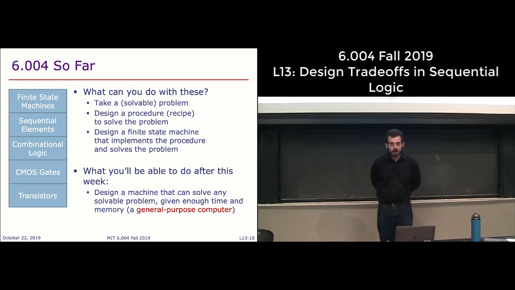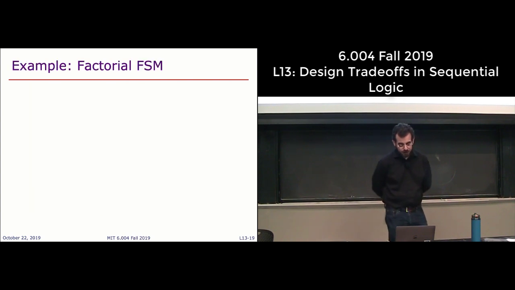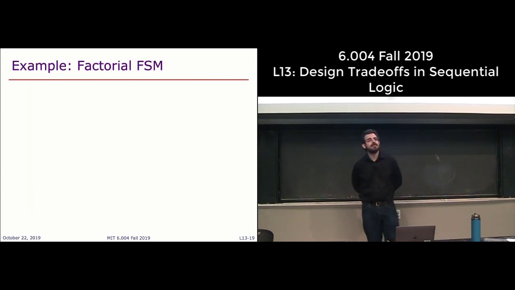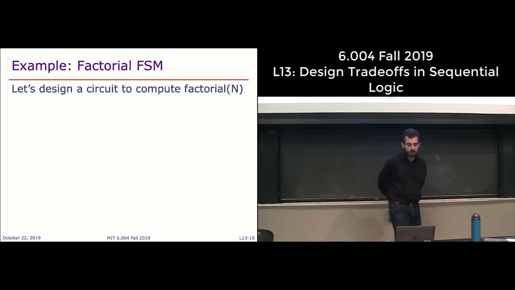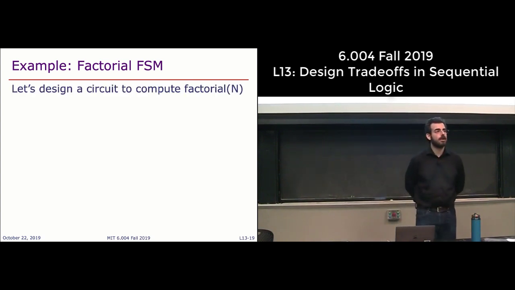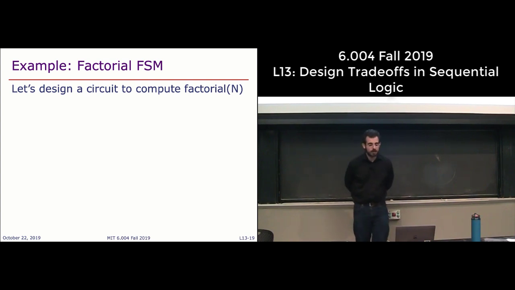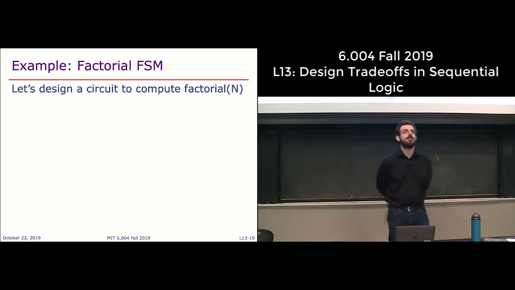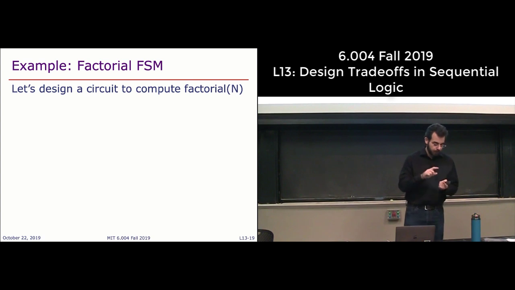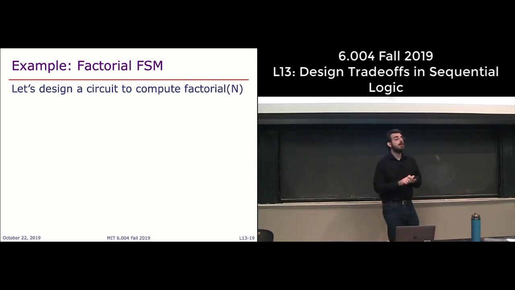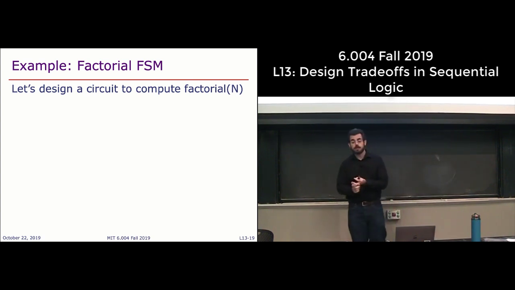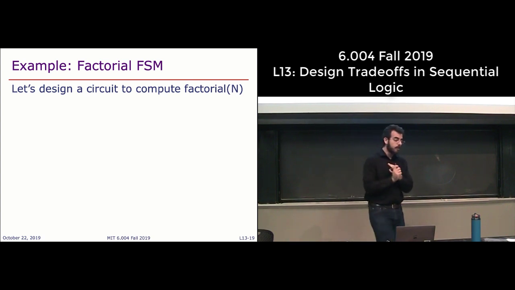And to see this, the first step that I want to go through today is to take an FSM and generalize it. And so to do this, let's just take the factorial, or one possible implementation of the factorial FSM. Just as motivation for this, if you think back to all the circuits that we've seen, right? In lecture we saw the implementation of the GCD circuit, but then in recitation we had the factorial circuit, we had the Fibonacci circuit.